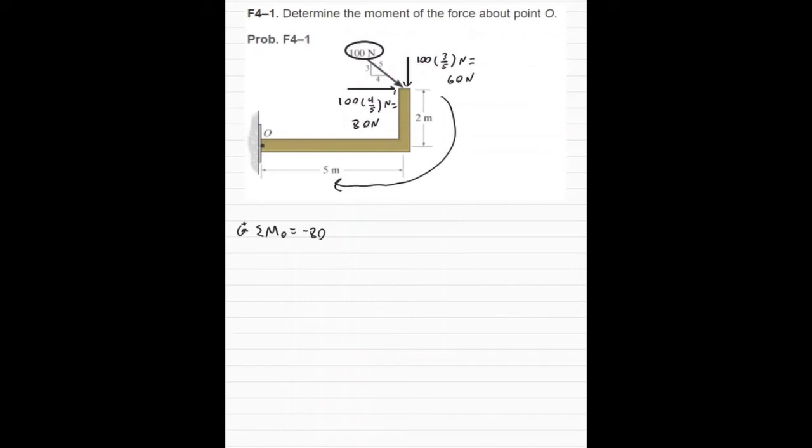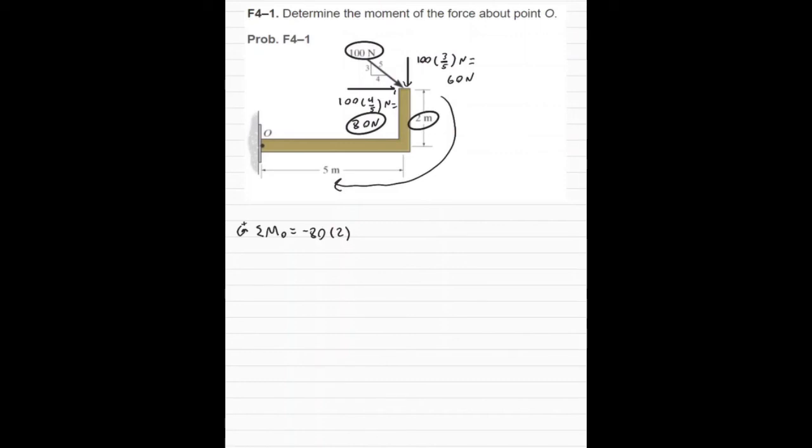And then remember that the distance that you always use for a moment is always the distance that's perpendicular to where the force is pushing. So what I mean by that is you have this 80 Newton force right here. You see the line right here that I drew to see where the force is going. This 2-meter distance is perpendicular to that 80 Newton force. So therefore, it's going to be times 2.